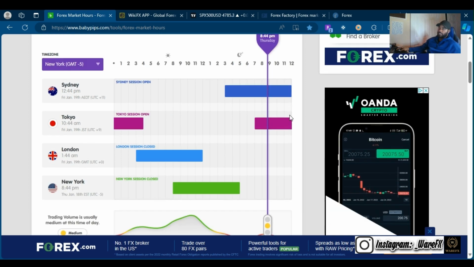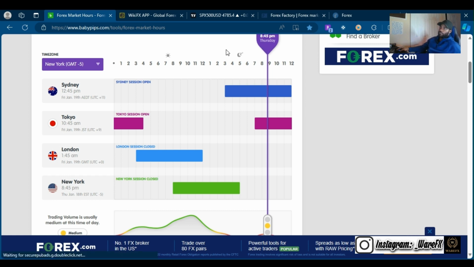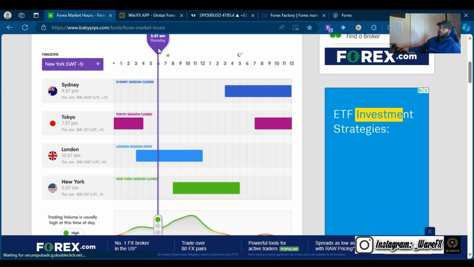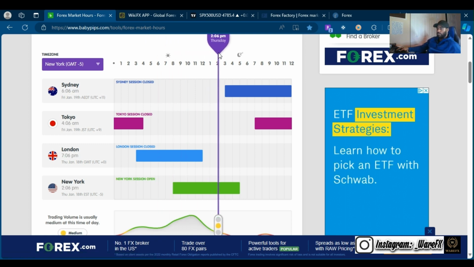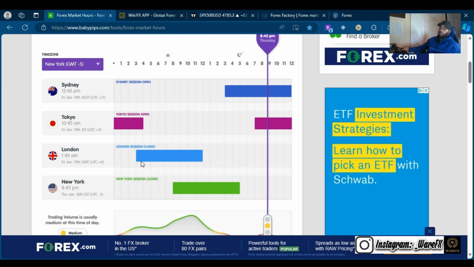This was one of the first things that I ever used when I started trading Forex because it was real important to know what time your session opens and what time your session closes. Also, you can go through this and see, okay, I work from 6 a.m. to 2, so trading London session probably won't be the best bet.